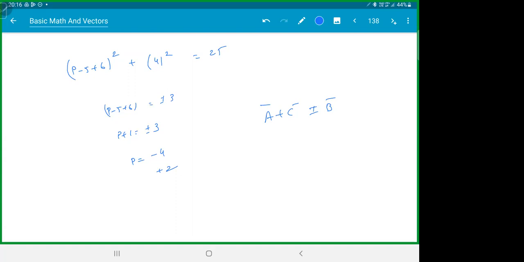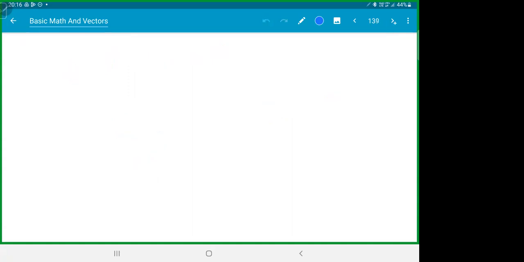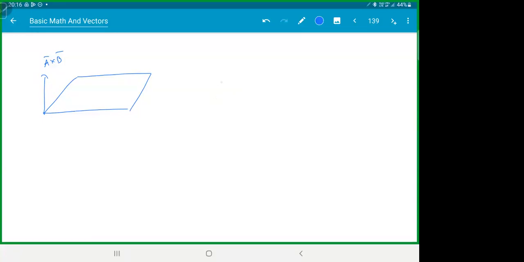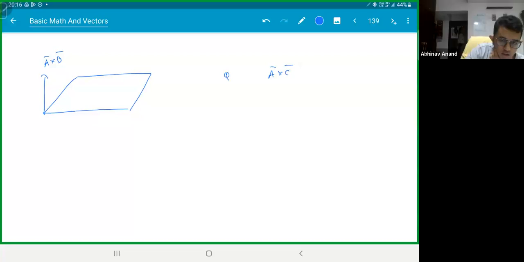So he's saying, if you read the question, particle is moving normal to the plane which contains vector A bar and B bar, so he's simply asking A cross B, isn't it? A cross B is a vector perpendicular to both A bar and B bar. Yes, sir. And he's saying Q is moving along A cross C, so Q is moving along what direction? A cross C. Yes.